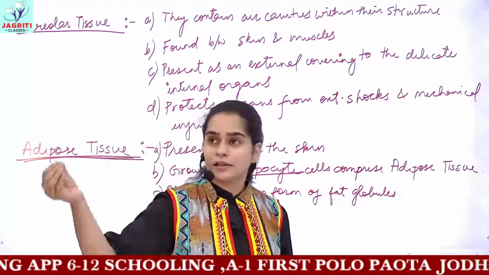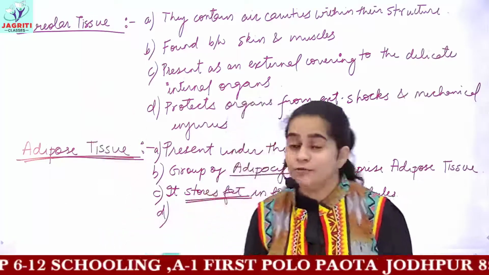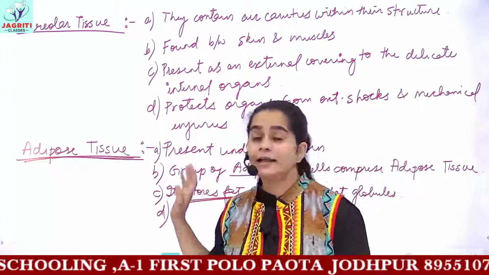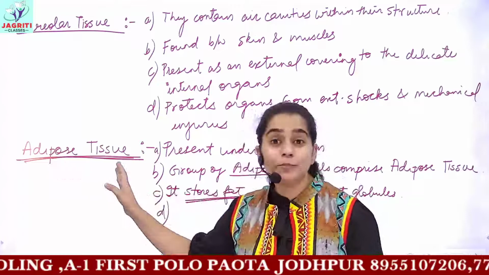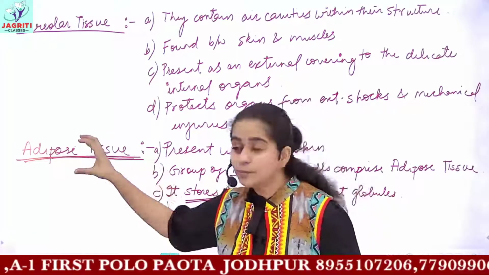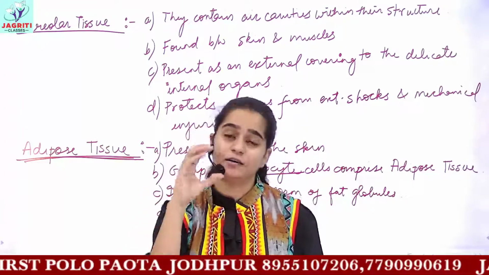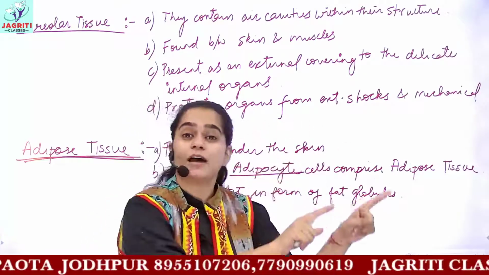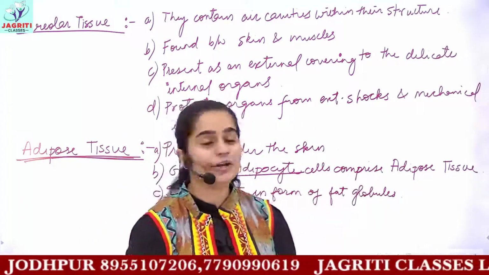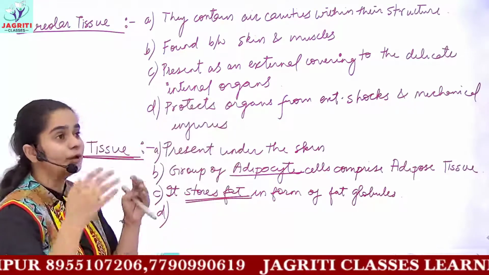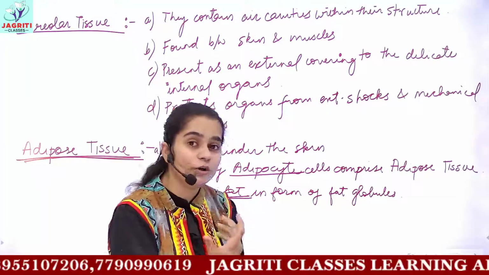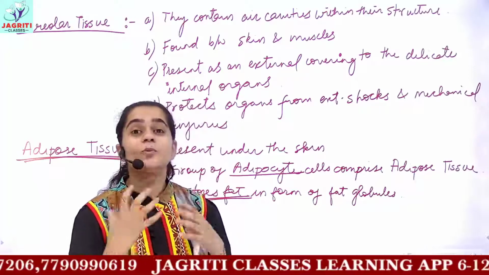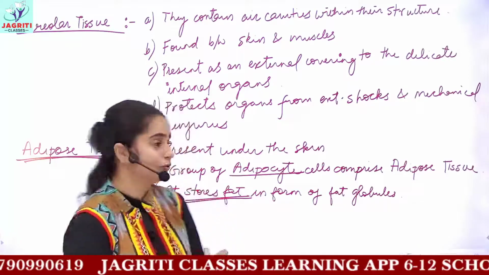For example, polar bears have a layer of fat, a kind of adipose tissue, but it is much thicker in animals which survive in polar regions like the polar bear. So it helps to prevent them from getting cold, providing insulation or warmth to their body.